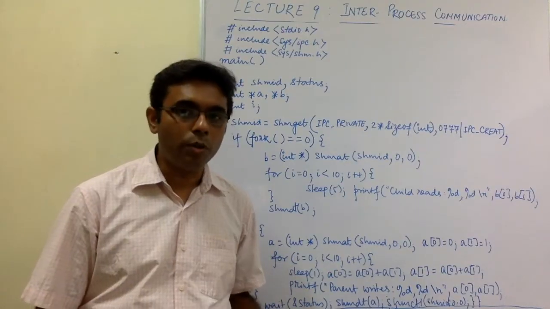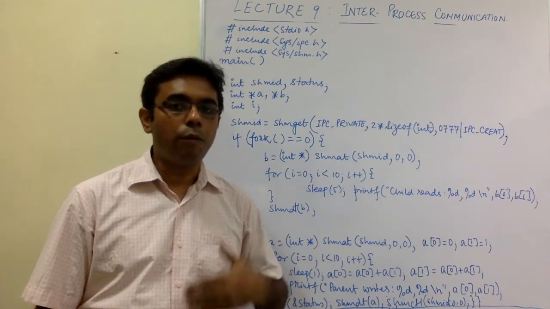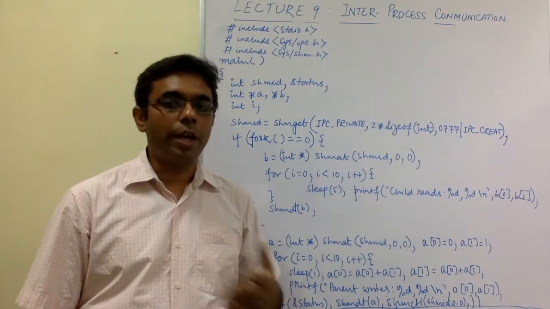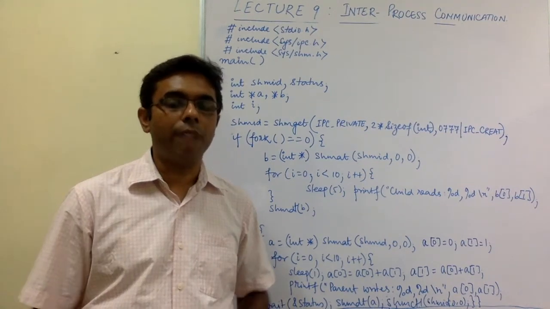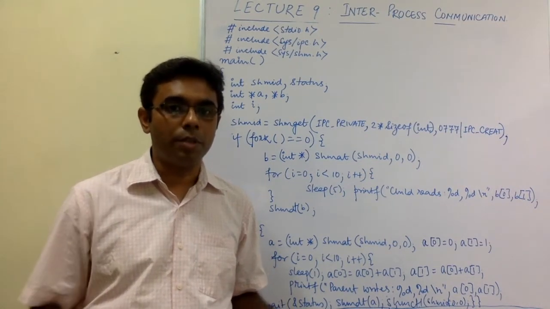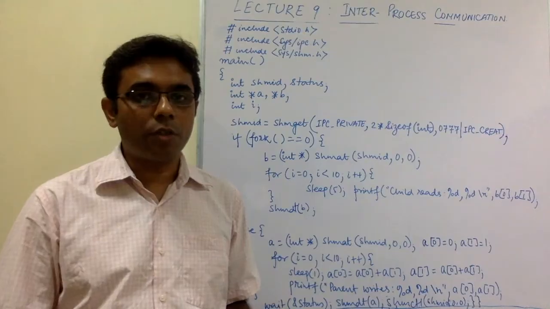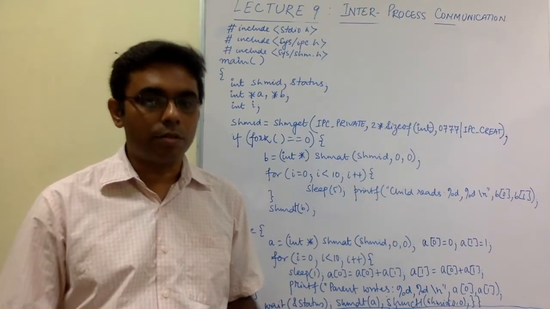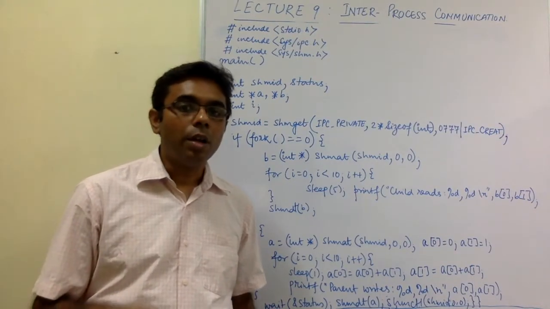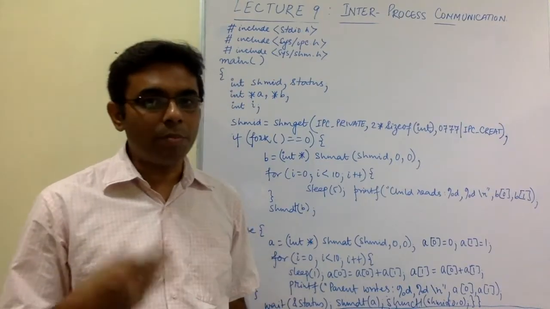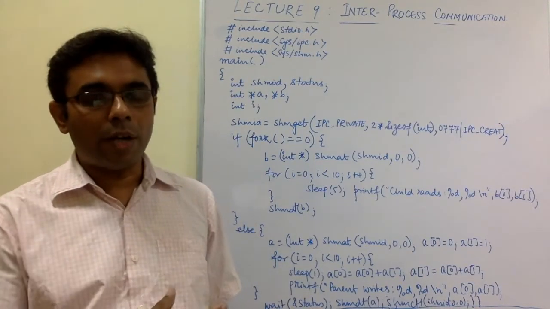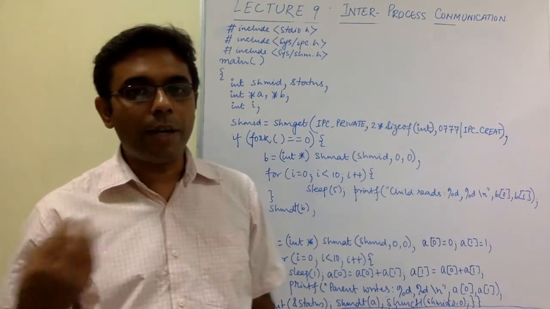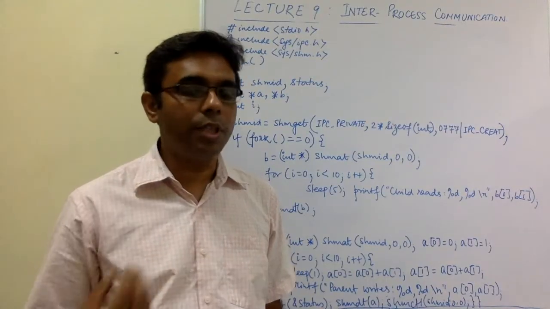We normally know that whenever a process forks another process, the child process and the parent process have their individual memory images. So the address spaces of both the parent and the child are separate. As a result, if a process makes some changes in its own address space, it does not reflect to the child. The child is not able to see that.